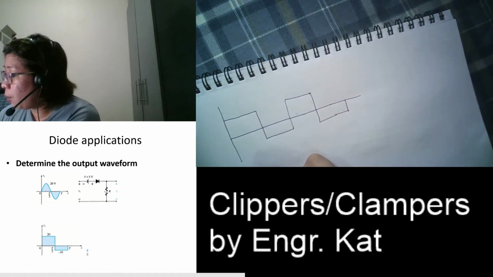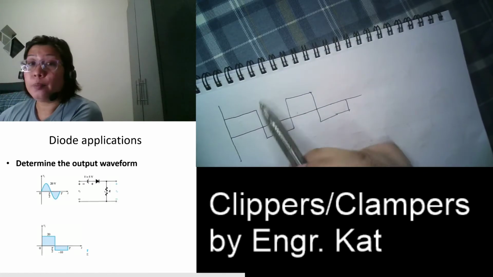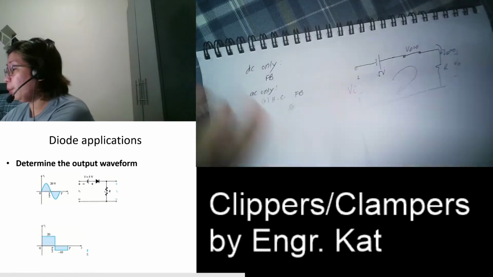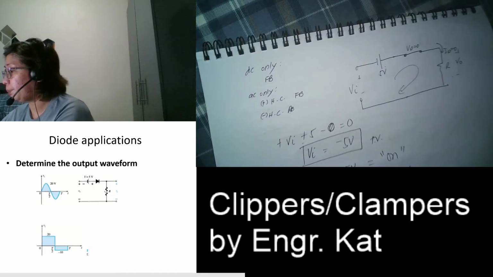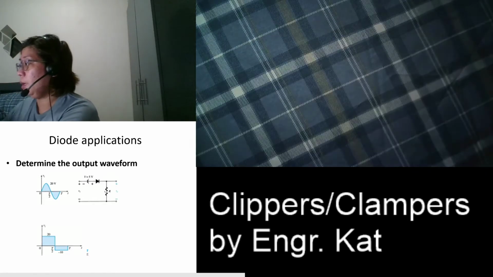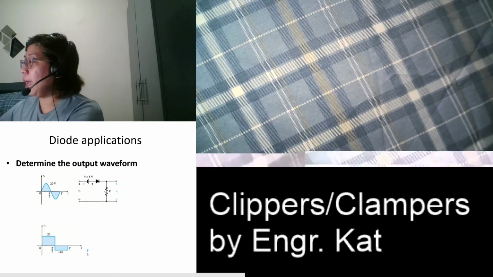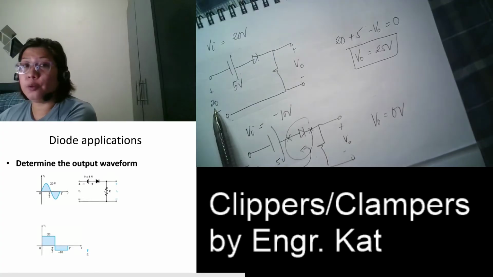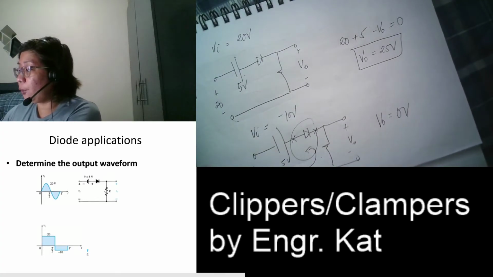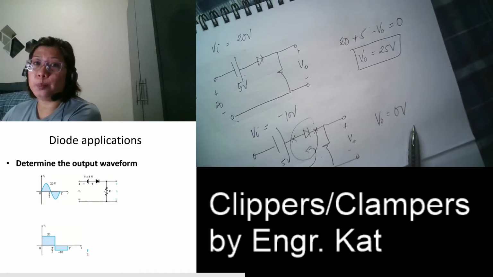So let us now draw the output. At 25, at 20 volts, our output is 25. At negative 10 volts, our output is 0.